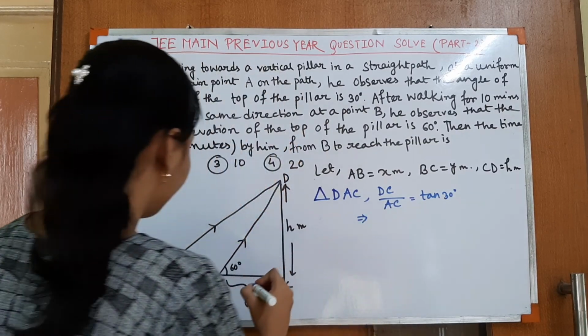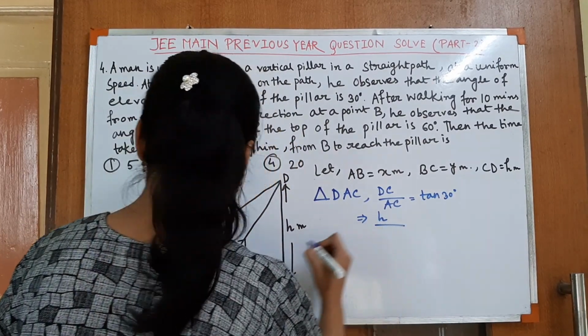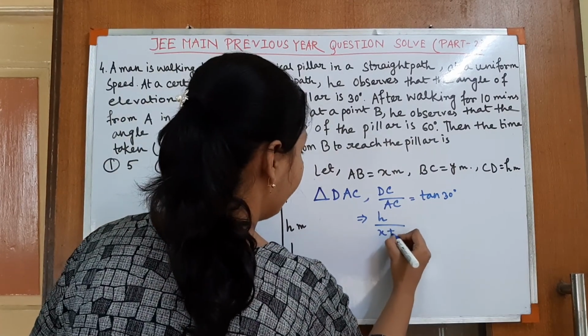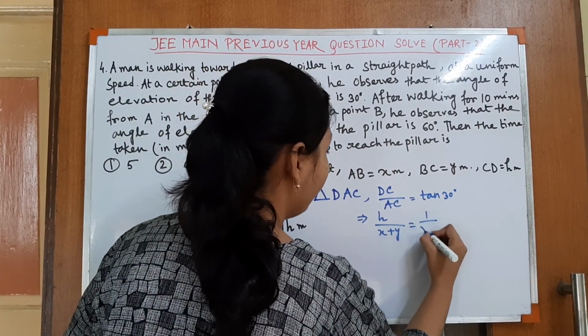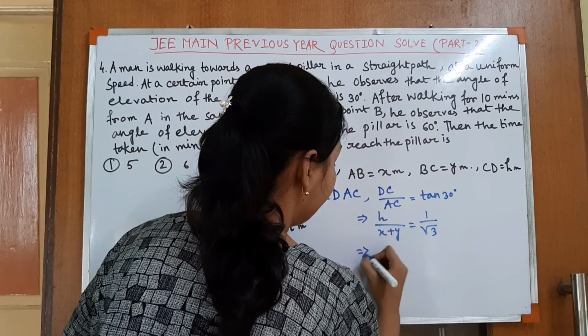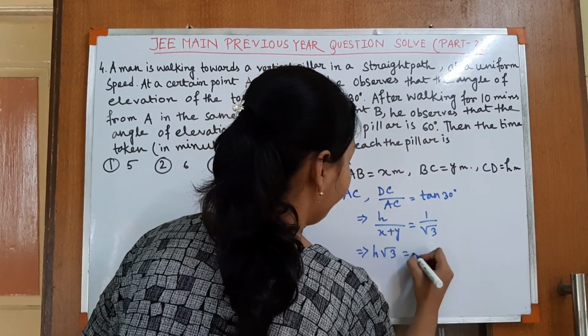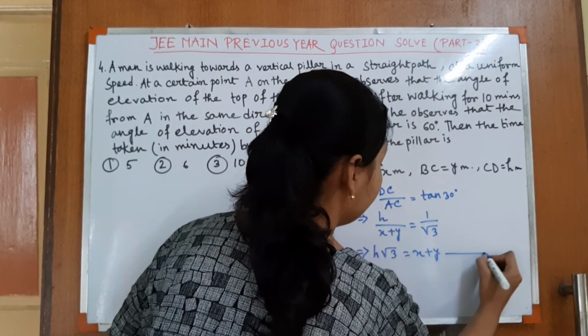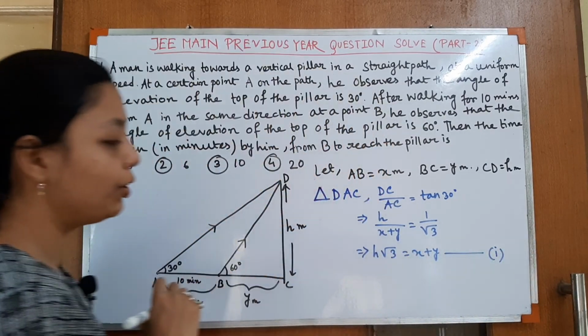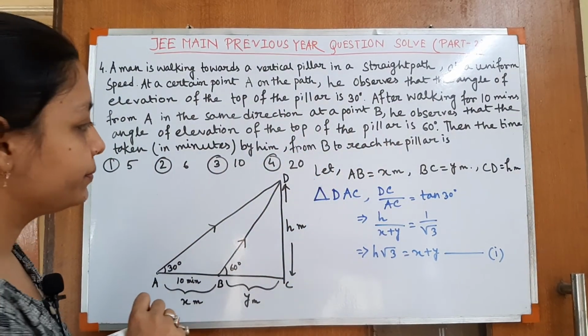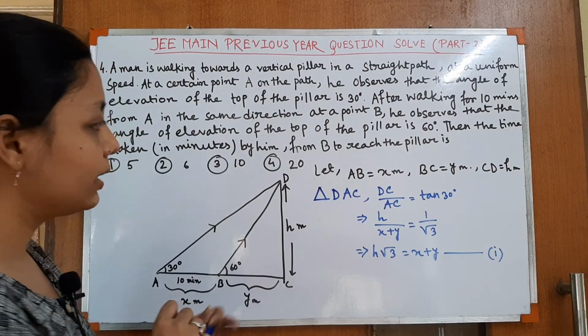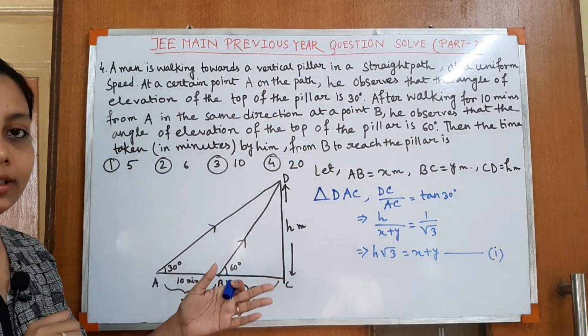That is h by x plus y equal to 1 by root 3. That is h root 3 equal to x plus y. This is our equation number 1. Note down this portion.